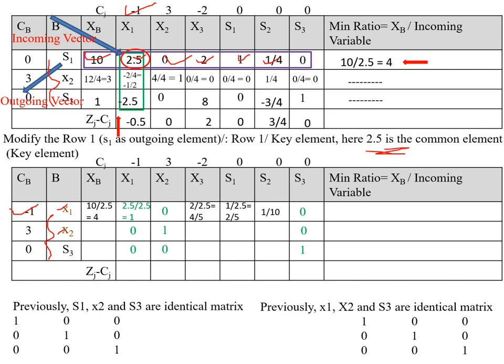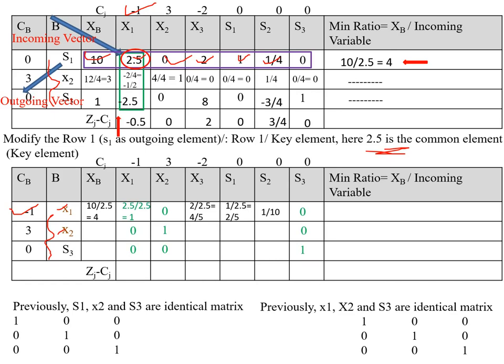Now X1, X2 and S3 are the identity matrix, and these values also should be 1 0 0, 0 1 0, 0 0 1. So now we have to fill these values in the new table. Let's see here.